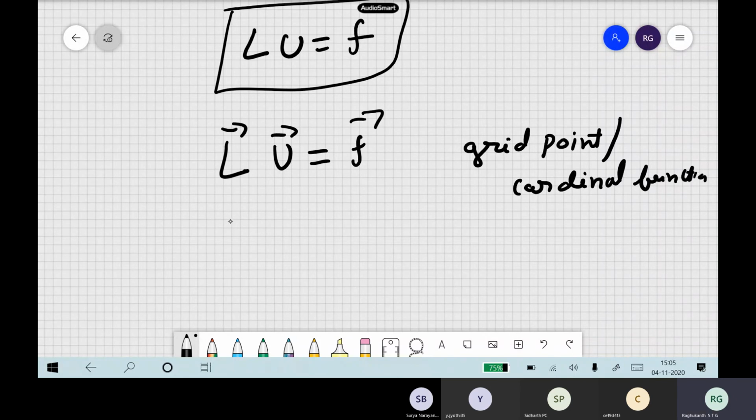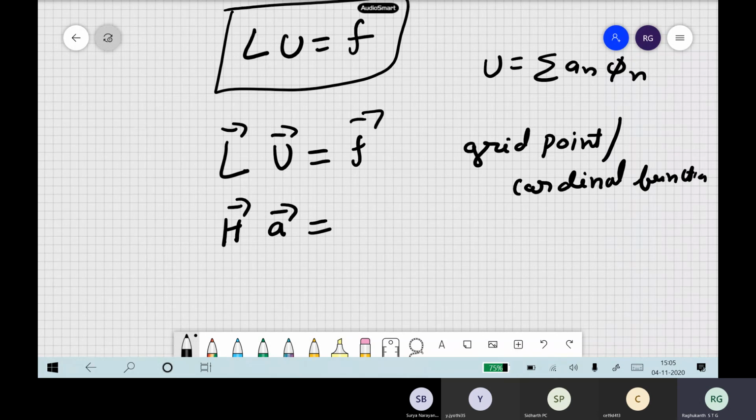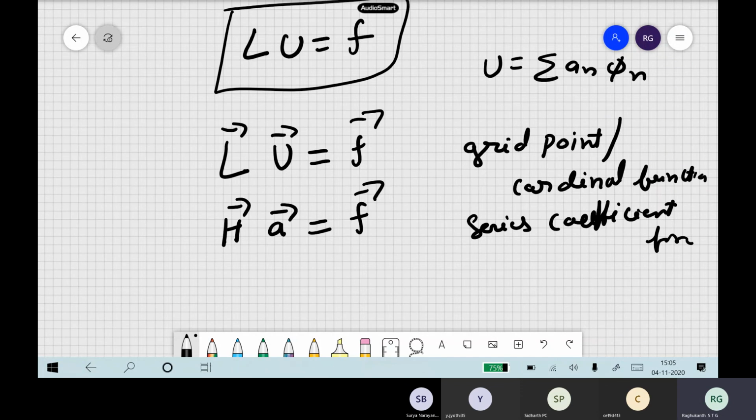Another way is to substitute u as a sum of an times phi, where the unknowns are the a's, the series coefficients. This is another way to solve the problem.